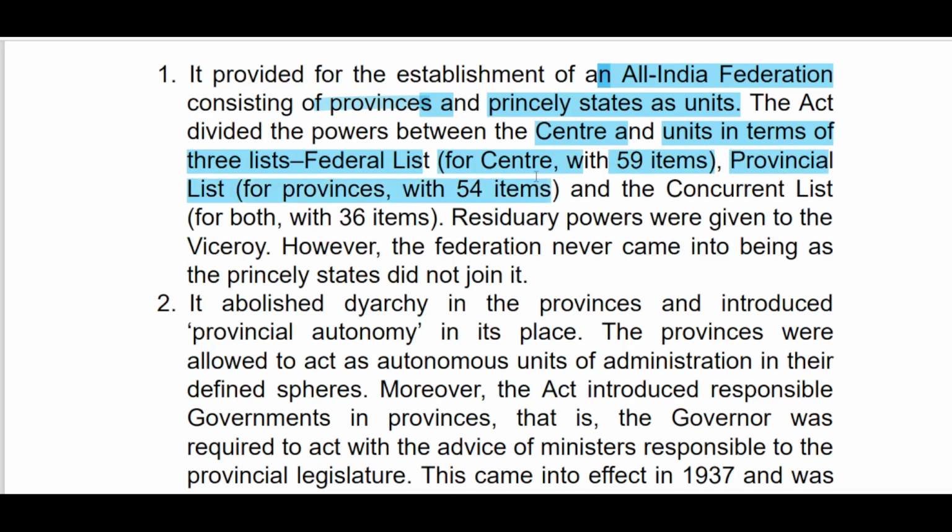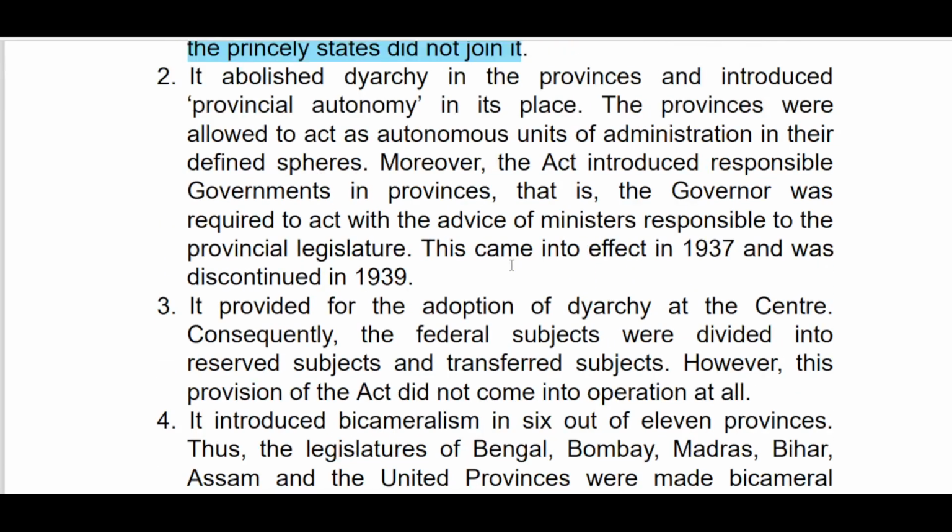Then provincial list for provinces with 54 items, and the concurrent list for both with 36 items. Residuary powers were given to the viceroy. However, the federation never came into being as the princely states did not join it.